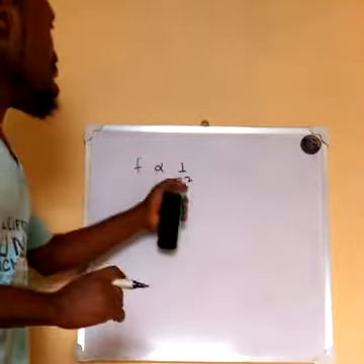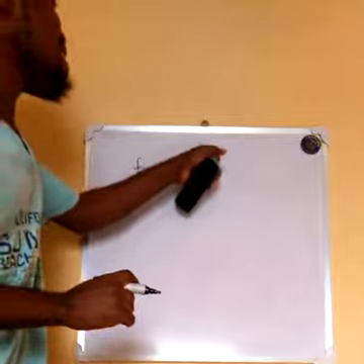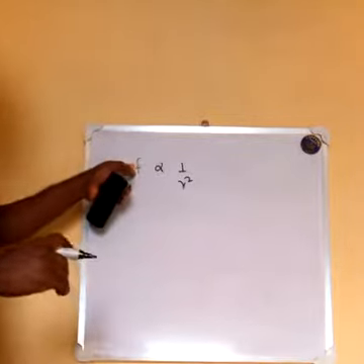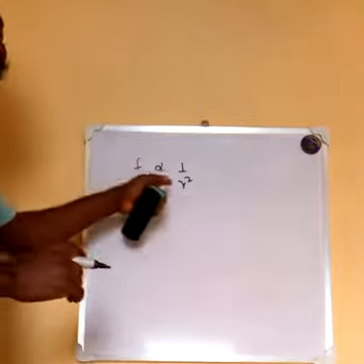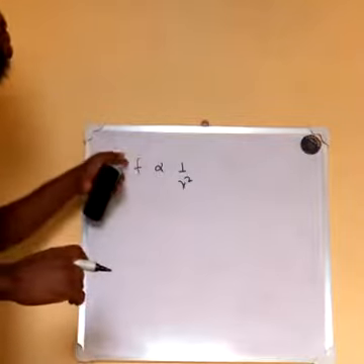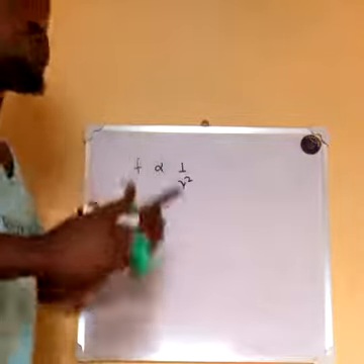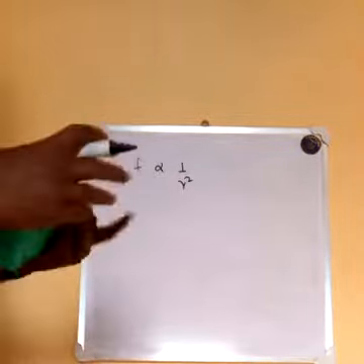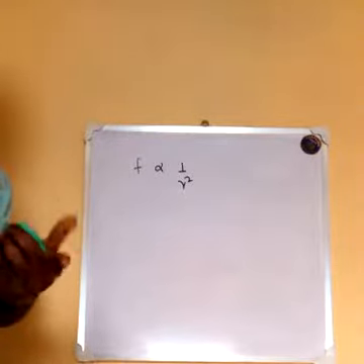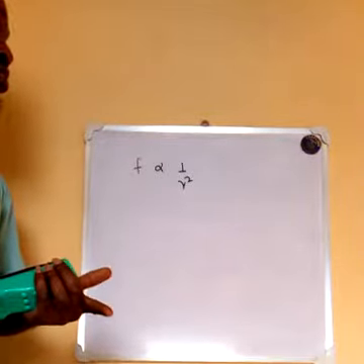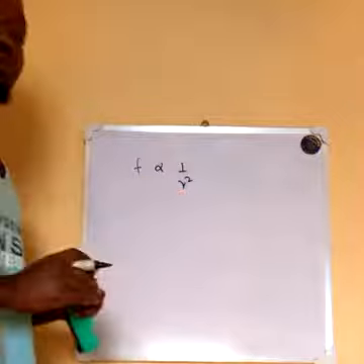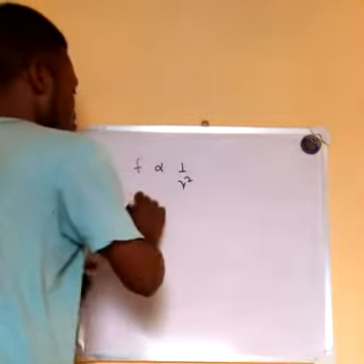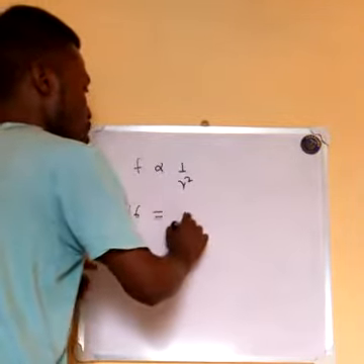Now, if the distance increases, then the force will reduce. And if the distance decreases, the force will increase, because the two are inversely proportional to each other. Now, the distance is doubled, so the force, given as 16, is 1 over double the distance squared.